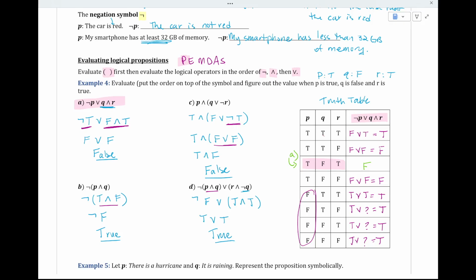I can save myself a little time and not figure out the Q and R for the rest of these, because the result is going to be true either way. So that is example 4. I've extended 4A here into this truth table for every possible combination of P, Q, and R. This was an example of one where I had just the statements with symbols.